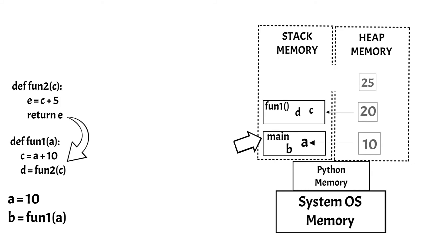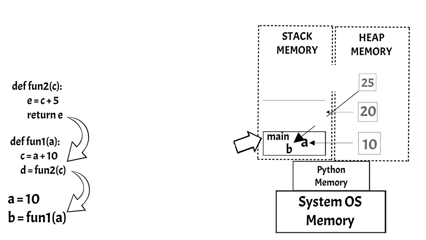Similarly, when the function1 execution is completed, the function1 stack will no longer be required, and it will be removed from the stack memory. Now only the main stack is left. In the main stack, the integer object 25 will be returned to the variable b, and once the code is executed in the main stack, it will no longer be required, and the main stack will also be removed.